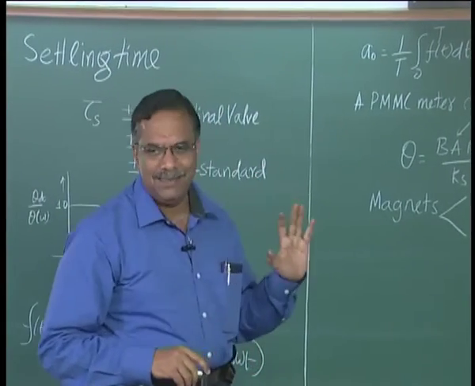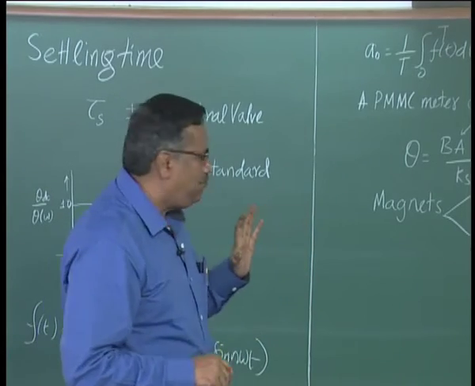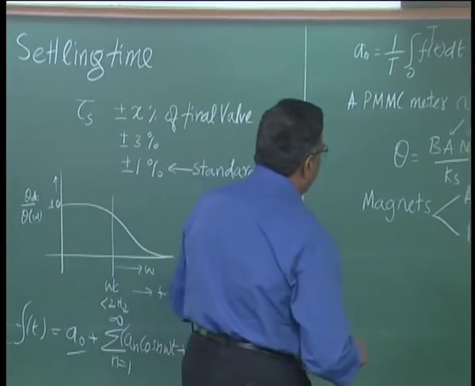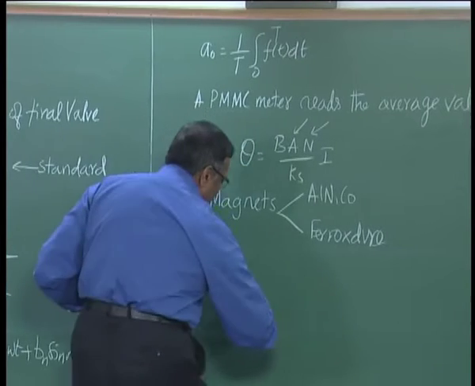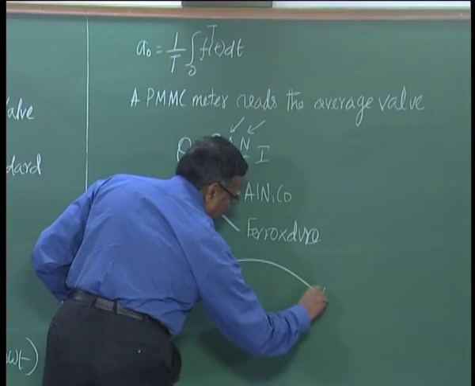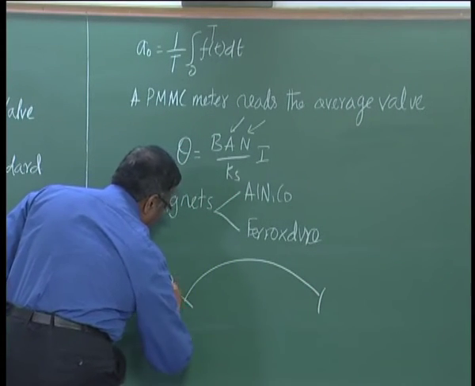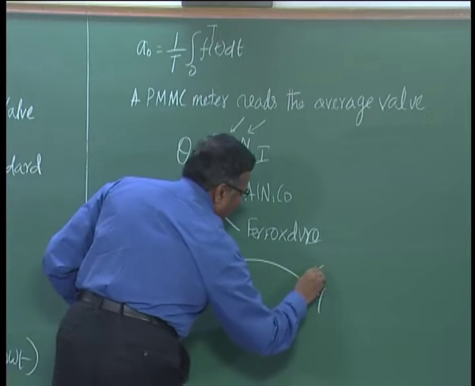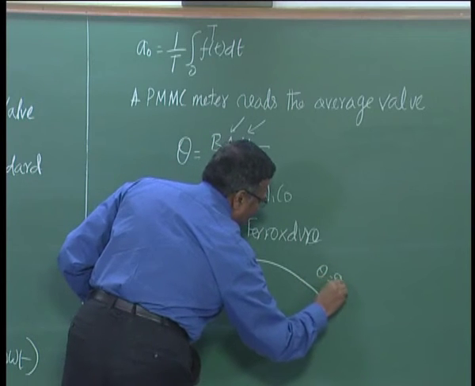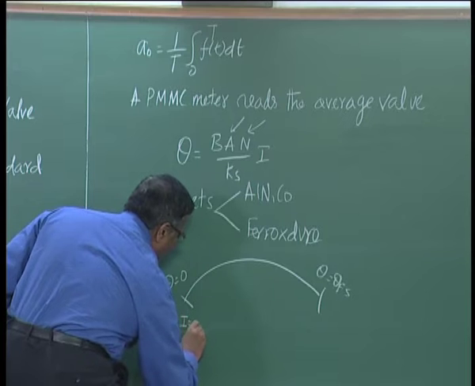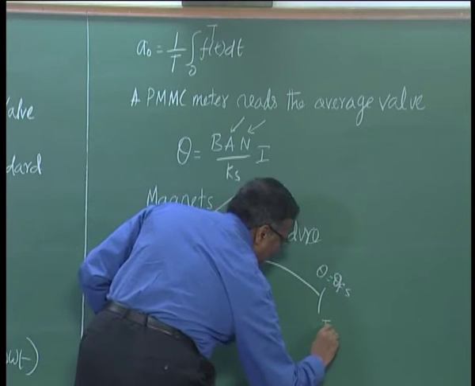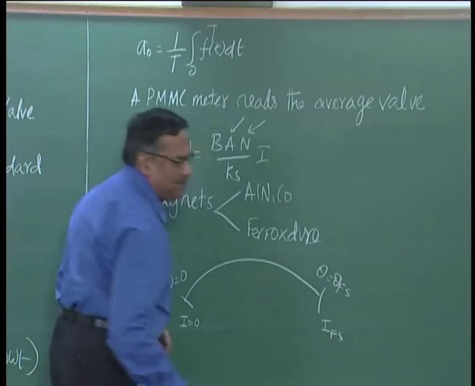Once we make a meter, the meter theta is determined. So I may have my pointer going from theta equal to 0 to theta equal to theta full scale, and I have my current through the coil going from 0 to I full scale.